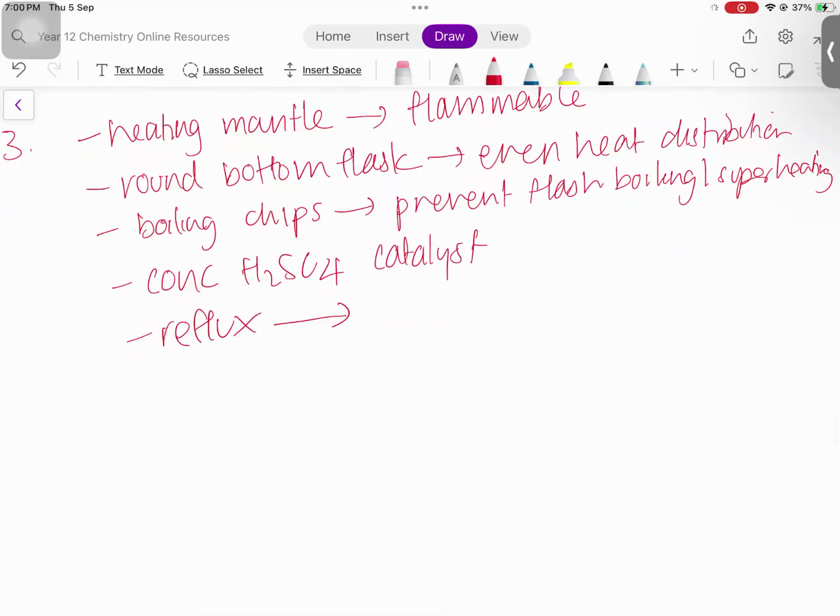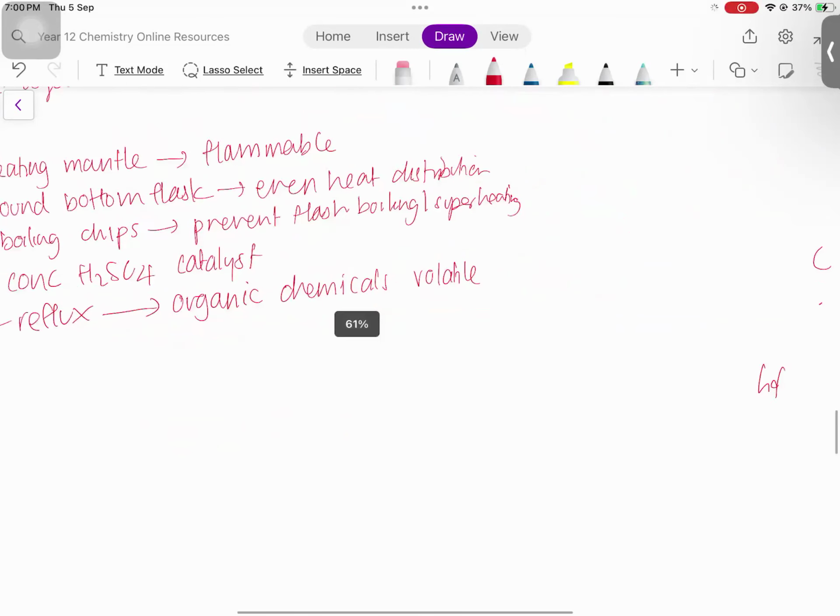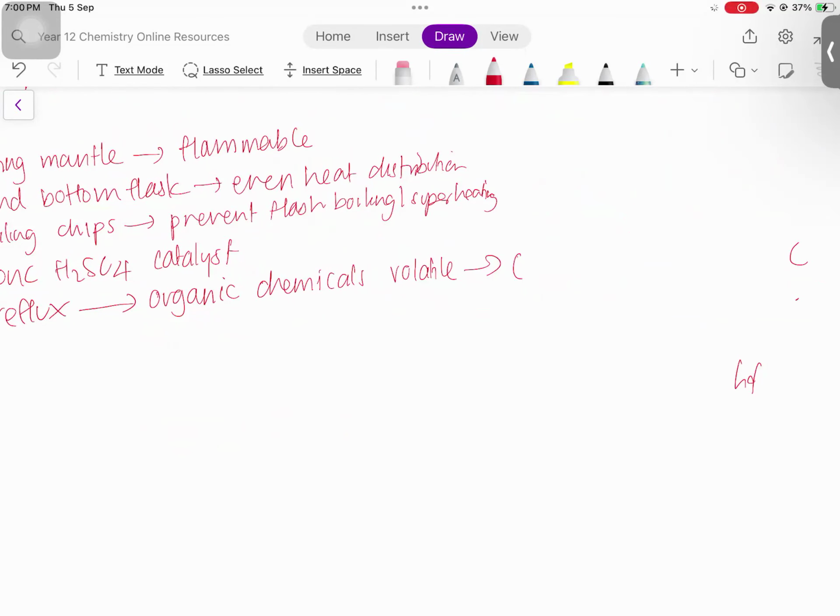So why reflux again? Organic chemicals are volatile, which means they turn into gases easily. So you want to condense it so it does not escape into the atmosphere.